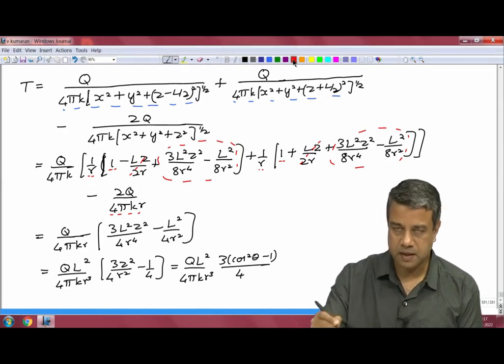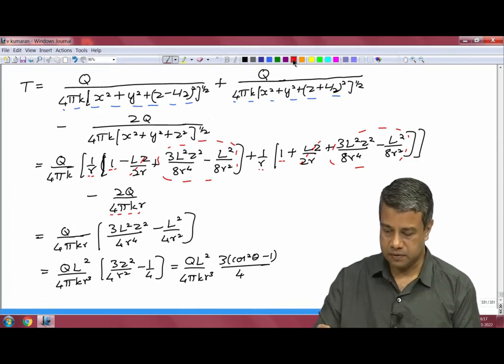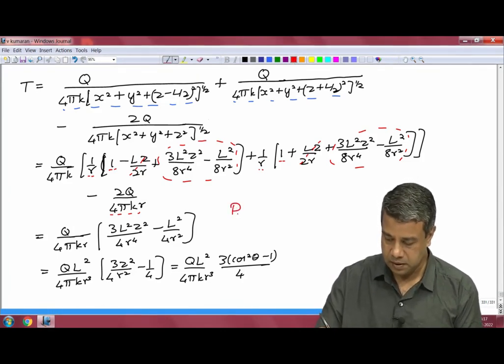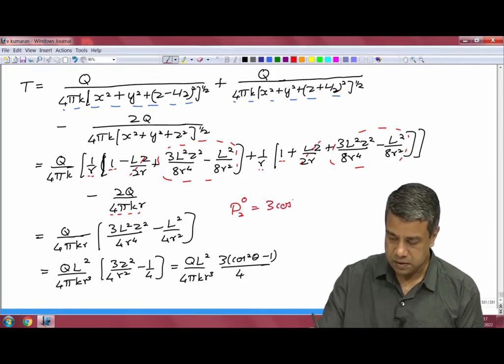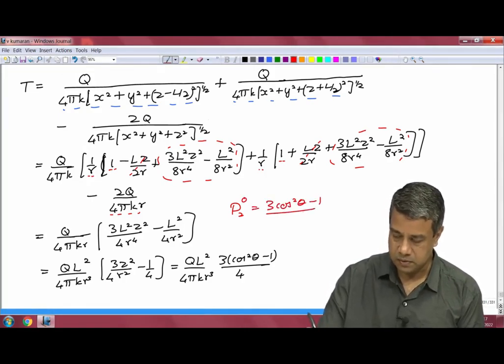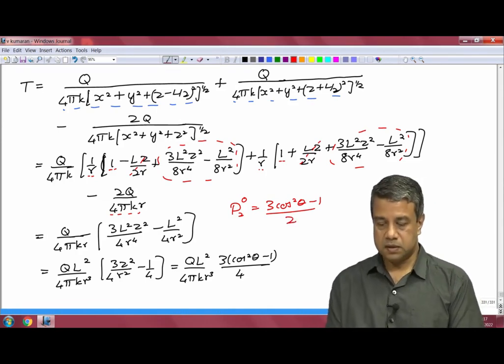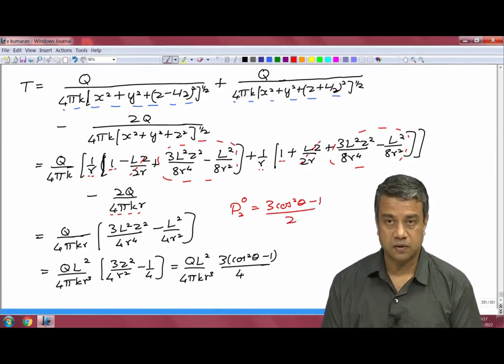And note that when I derived the Legendre polynomial series for you, I told you that P 2 0 is equal to 3 cos square theta minus 1 by 2. So, this is proportional to P 2 0 of cos theta times e power i times 0 times phi, which is just 1.